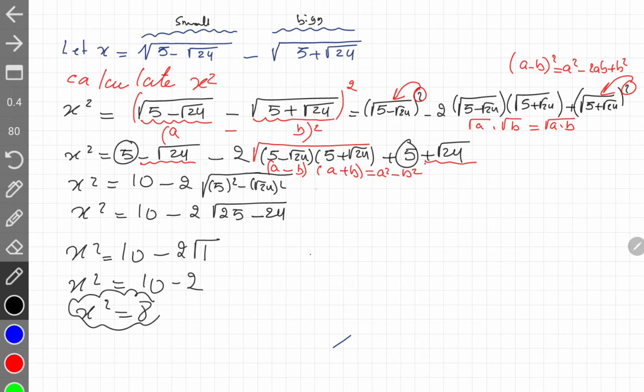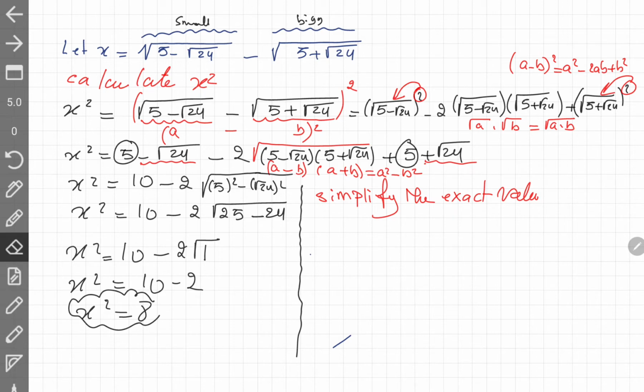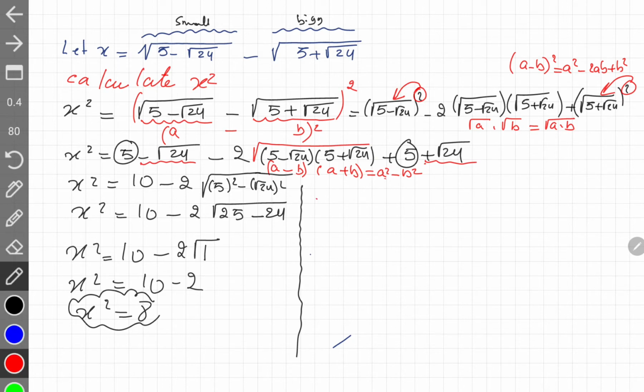The third part is to simplify the exact value of x. Simplify the exact value, or determine the exact value. Surely this will be deduce the exact value of x.